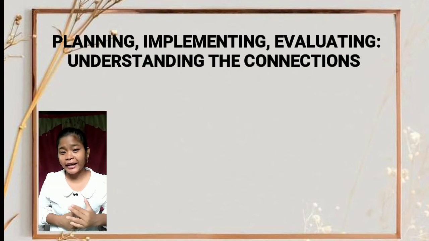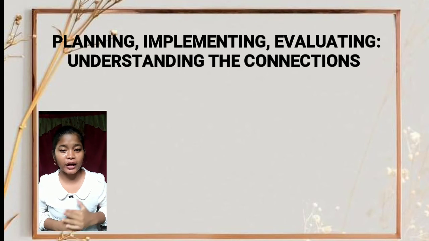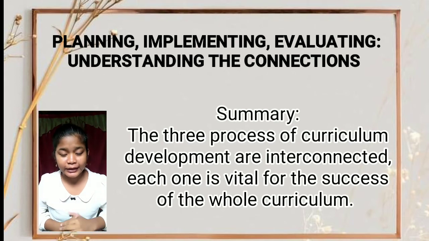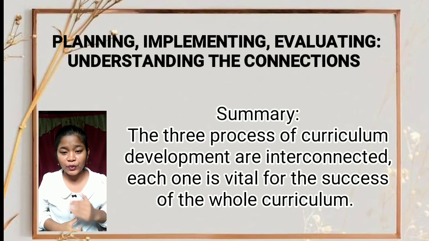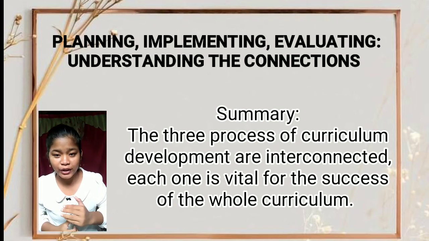In general, I can say that planning, implementing, and evaluating are interconnected processes because we implement what we plan and we assess what we implement. Through this, the plan was put into action through implementation, and the implementation was assessed through evaluation.